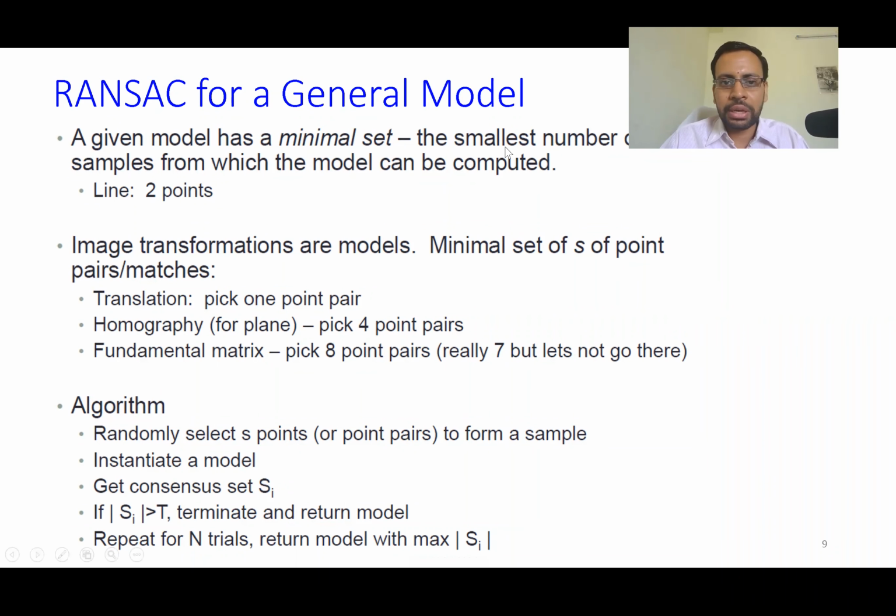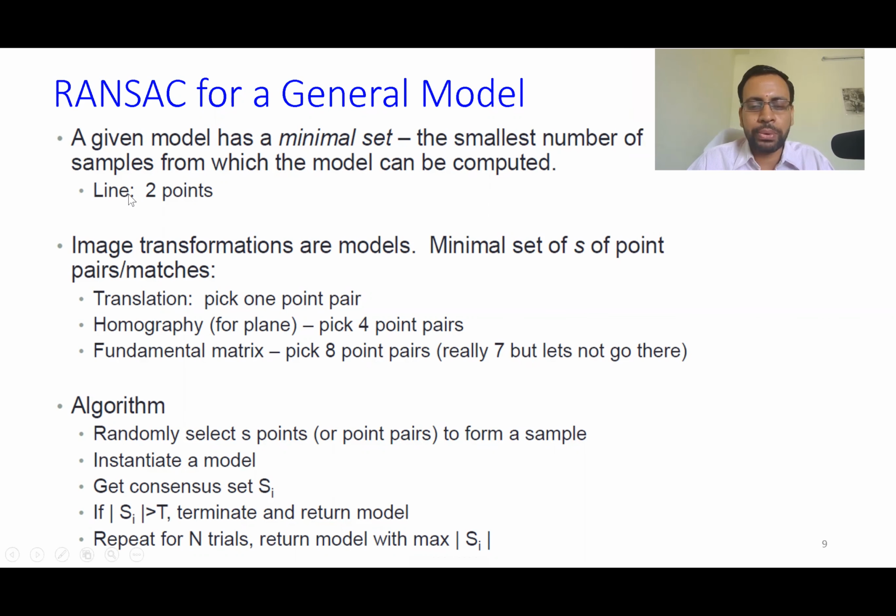Now, let me put it in a proper order here. A given model has a minimal set, the smallest number of samples from which the model can be computed. This is your S value. Image transform, so line for example is 2. Translation, just one point pair is good enough.